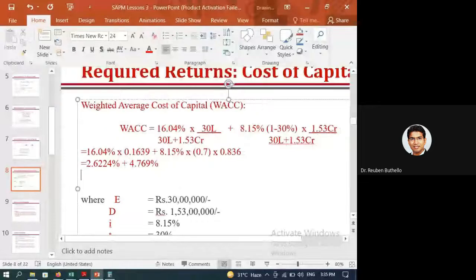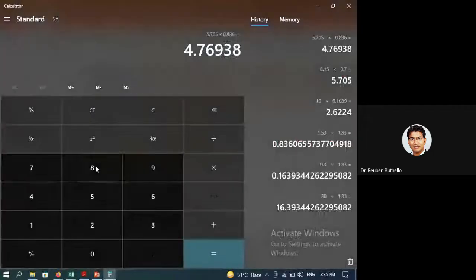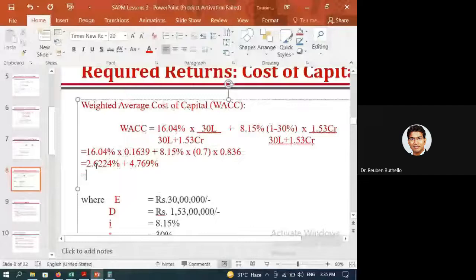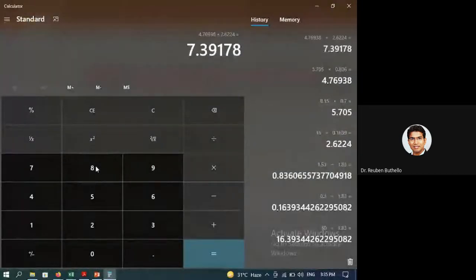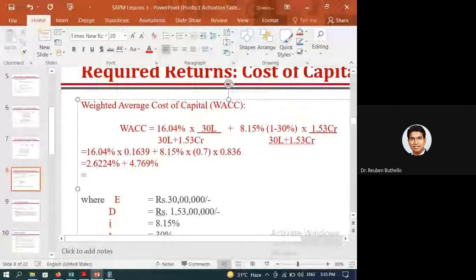This is equal to 7.39. Okay, so my WACC works out to be 7.39%. Now, can someone tell me what is the significance of this WACC?